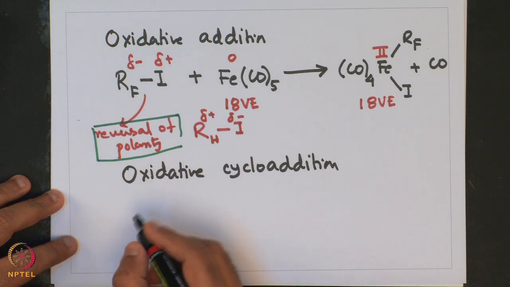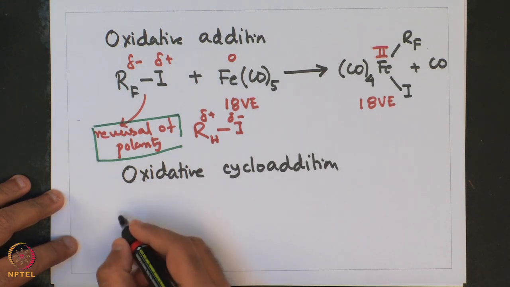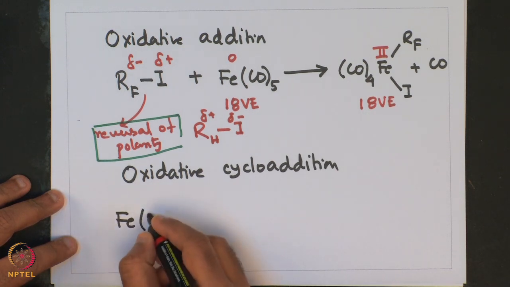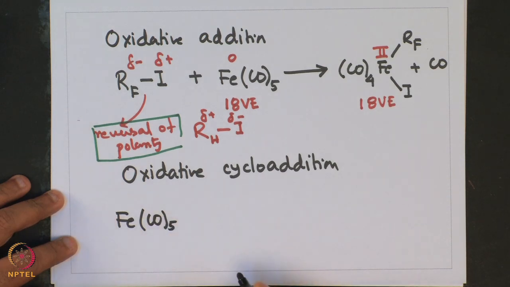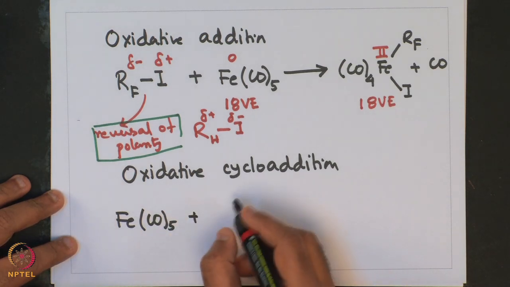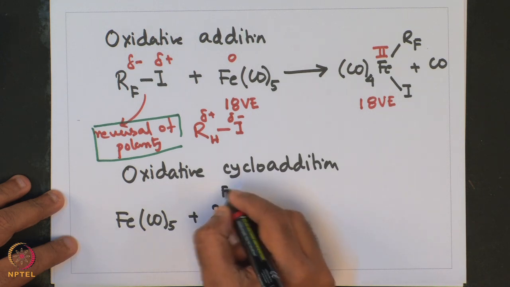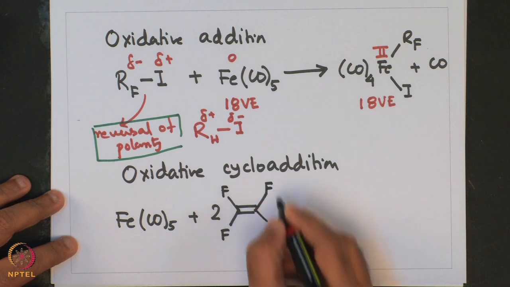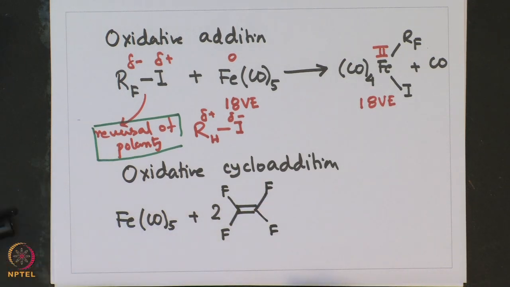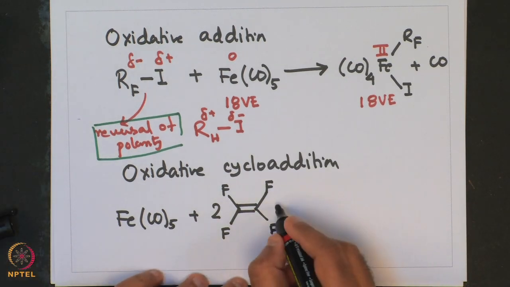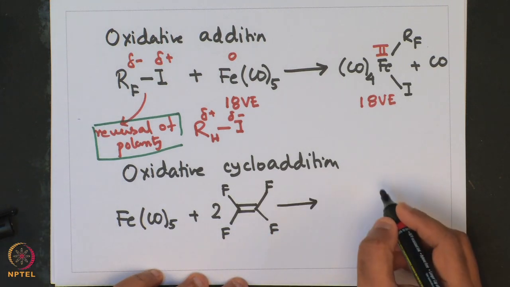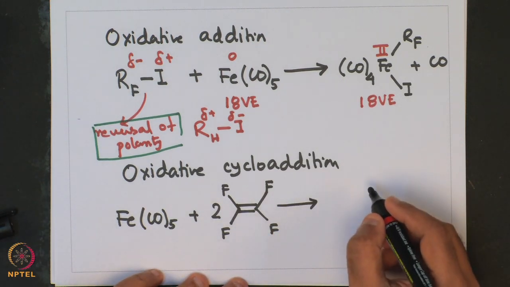So, here too this low valent iron center reacts with 2 molecules of C2F4, perfluoroethylene, giving this 5 membered metallocycle.